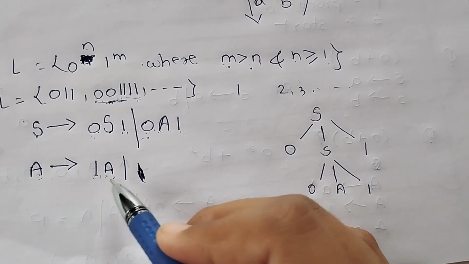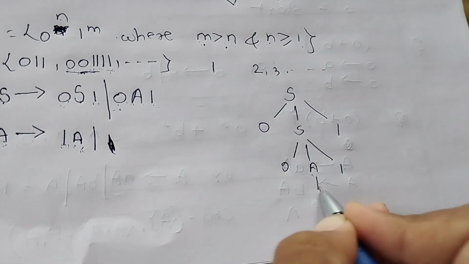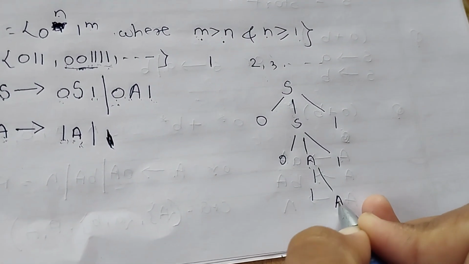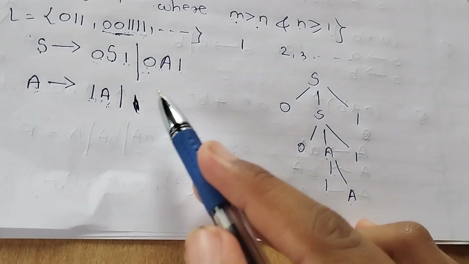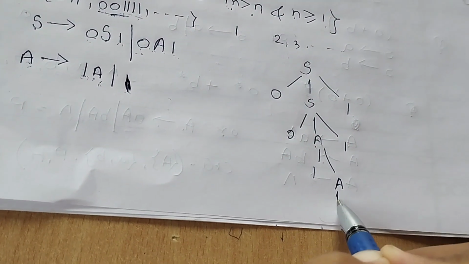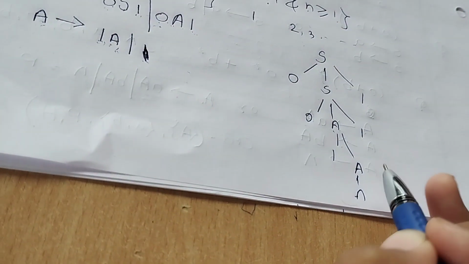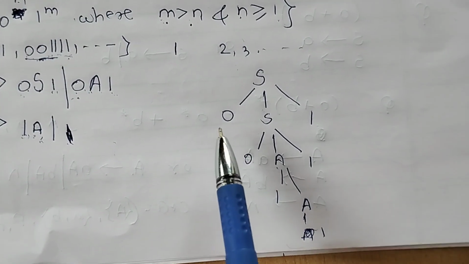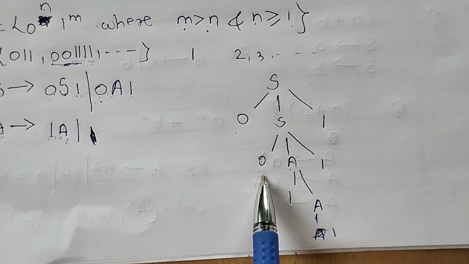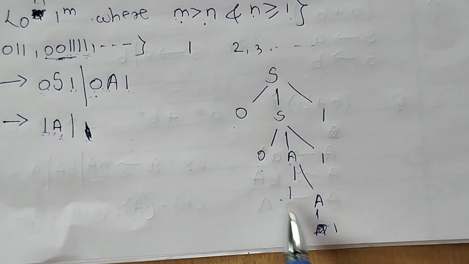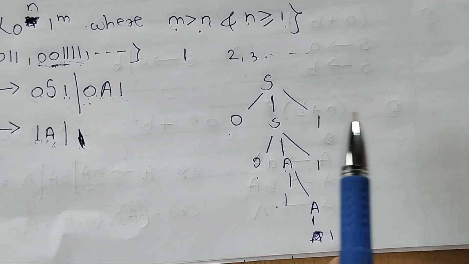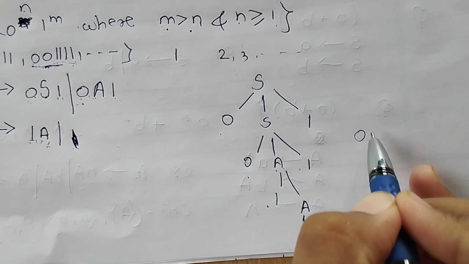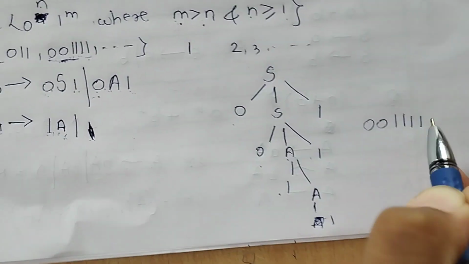First I read 1A, then 1A. Now this A can be read as a single 1. So now I get the final output 2 times 0 and 4 times 1: 1, 2, 3, 4. So this production is 001111.